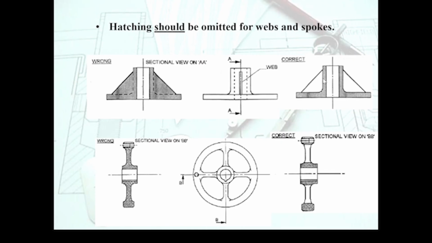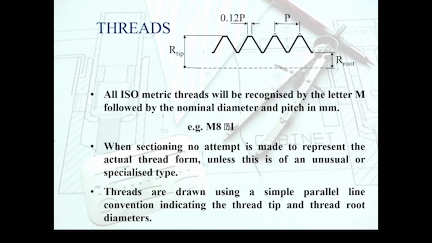There is no need to section through that, and this is what you would do if you happen to cut through at that level. We are going to cut through the rest of the part. However, we're going to draw the webs as standard, and the rest of the part will be exposed to show the insides of it.